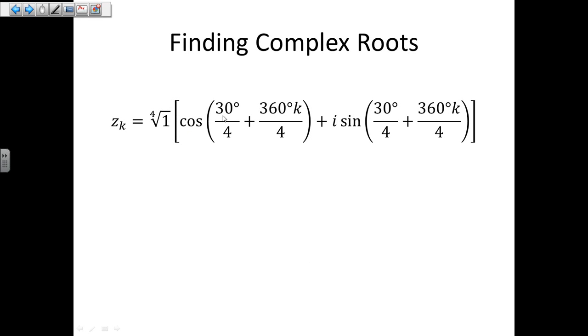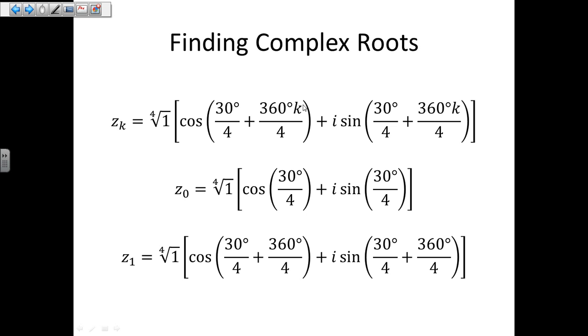And then I've got my 30 degrees divided by 4. Again, I'm taking the 4th root, so that's why I'm dividing by 4, and that's why you see the 4 here as well. Now I'm going to plug in my different values for k: 0, 1, 2, and 3. So, again, this should be a 2. Get over it.